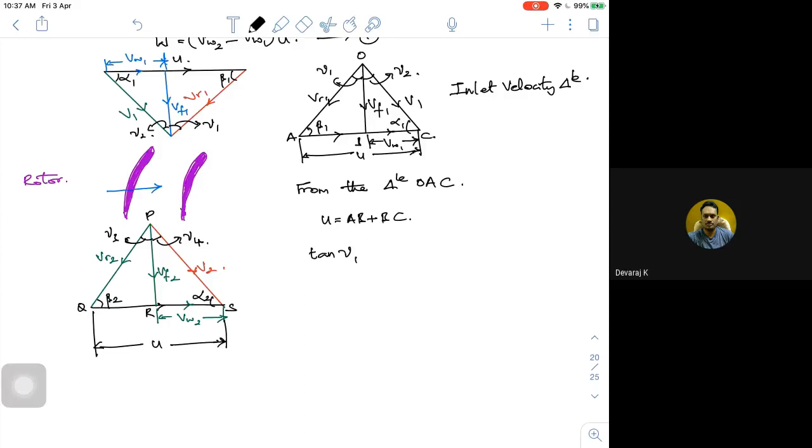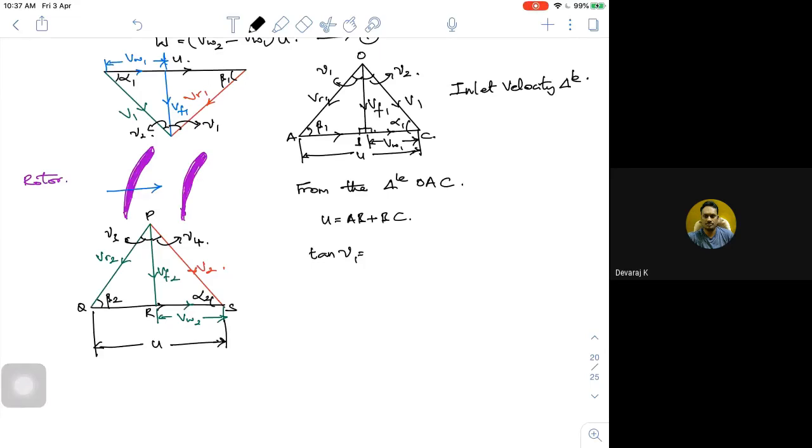So what is my tan gamma 1? I can write tan gamma 1 as the corresponding opposite side by this projection, because this is 90 degrees.